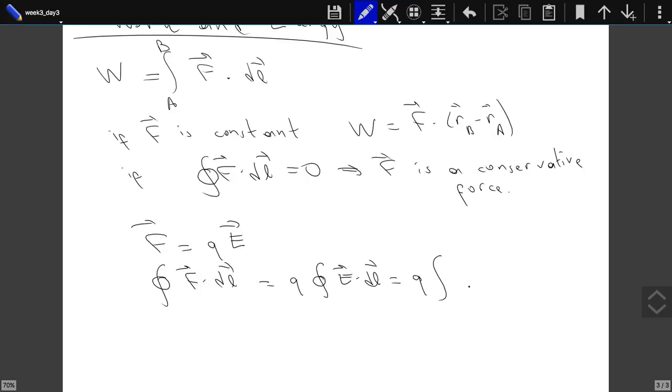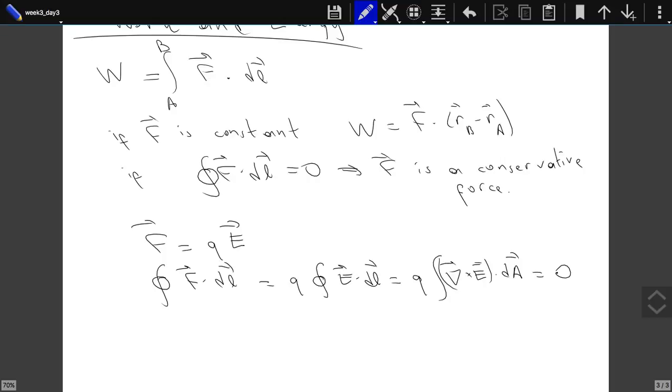But this is Q curl of E times dA, which is 0. So the electric force acting on any charge is in fact a conservative force. So you can use this electric force to store energy in a given system.